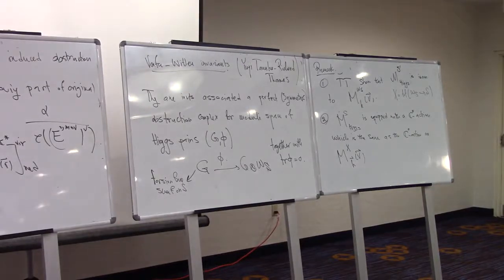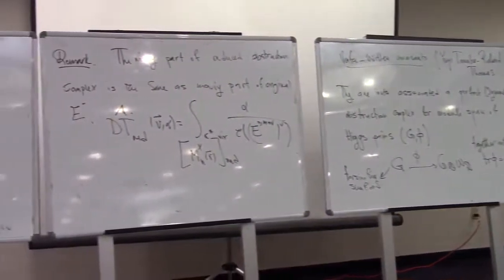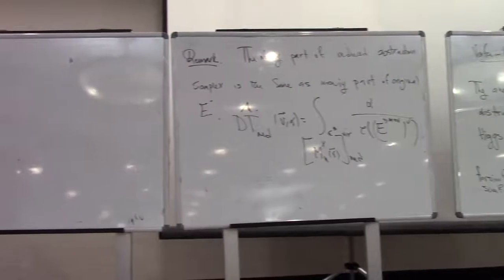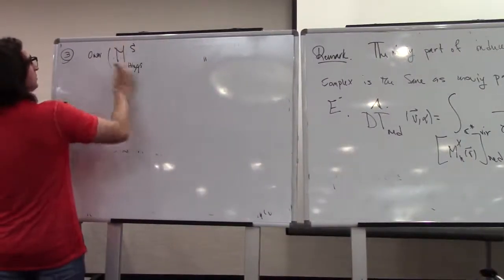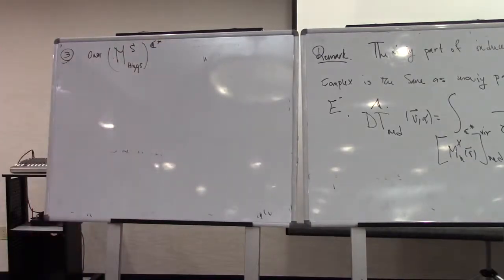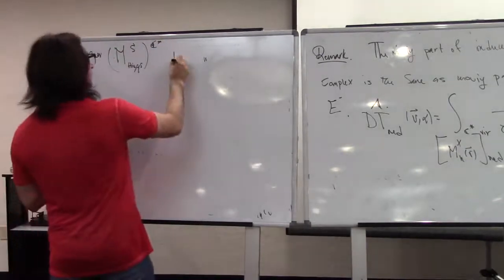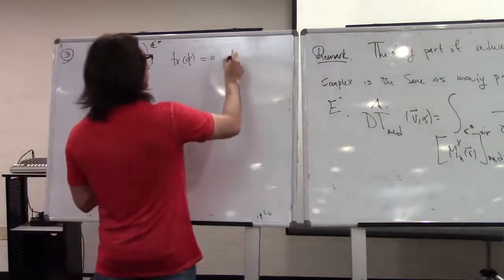Okay, so that's the second fact, and then the third fact is that over M Higgs, the C star fixed loci of the moduli space, the trace of phi, the trace of this Higgs map, vanishes automatically.